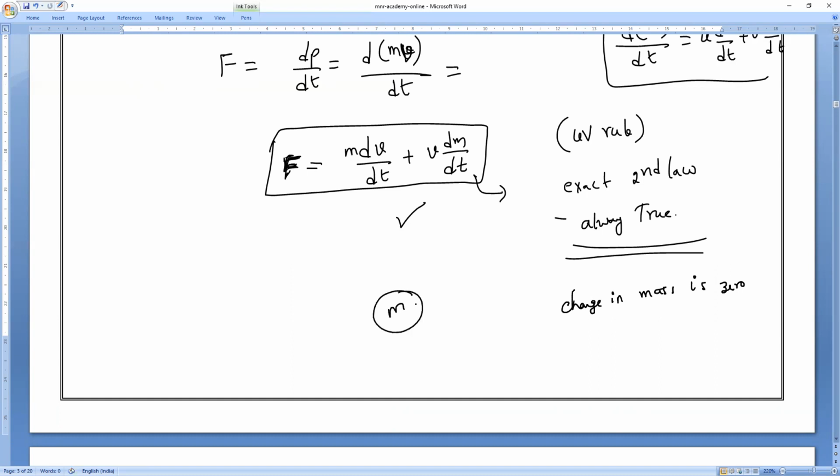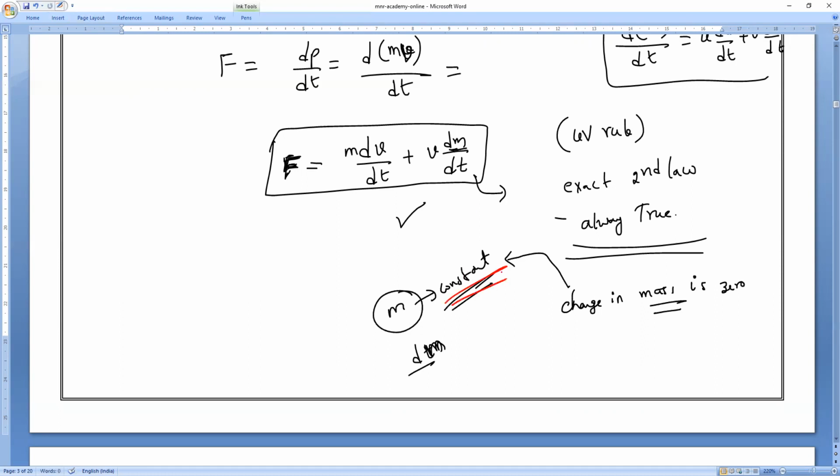Or if you consider M as a constant, then dm by dt will become what? Tell me fast. If I consider M as a constant, change in mass is 0. Be very careful. Change in mass is 0 means mass remains constant.